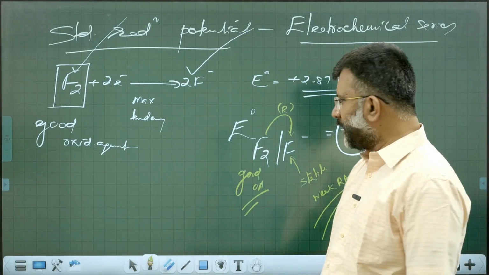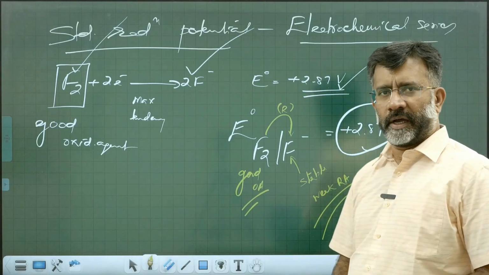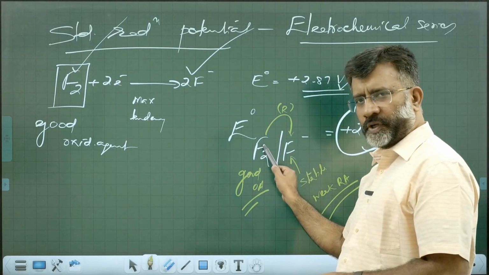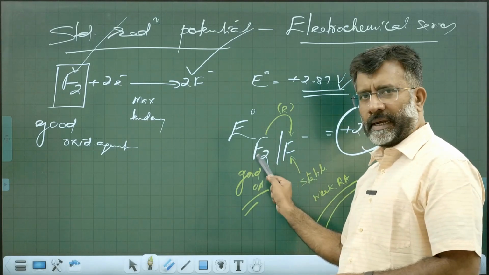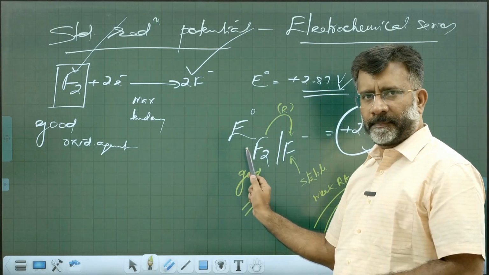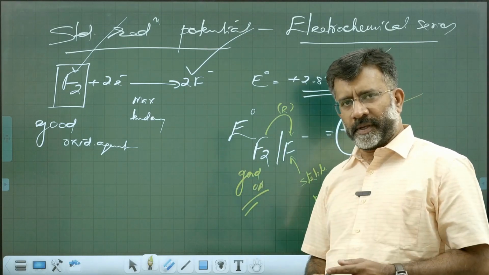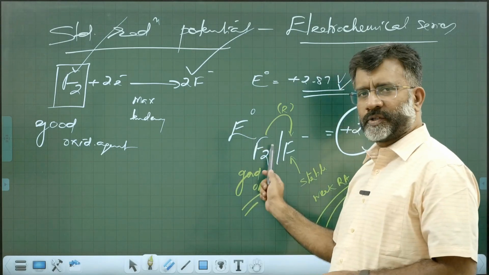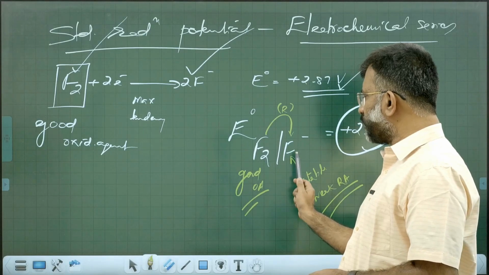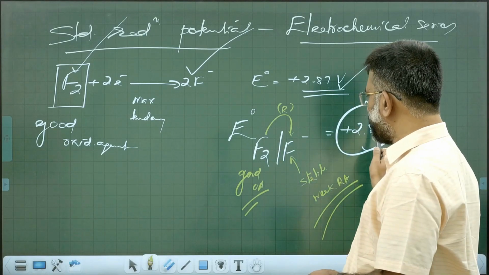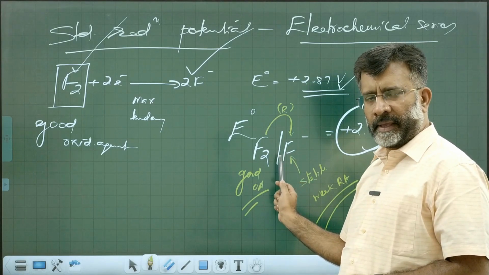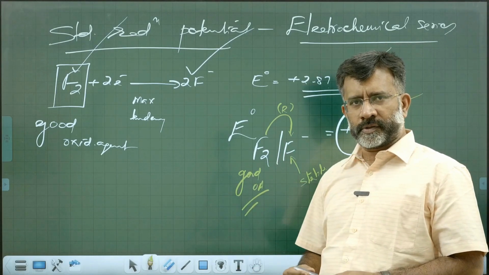So I repeat, if you have a high positive value of standard reduction potential, that indicates the species on the left-hand side, conventionally written like this according to the IUPAC convention in reduction format, is easily reduced. E0 F2 bar F minus, a high positive figure, means F2 is easily converted to F minus, and F2 is a powerful oxidizing agent.